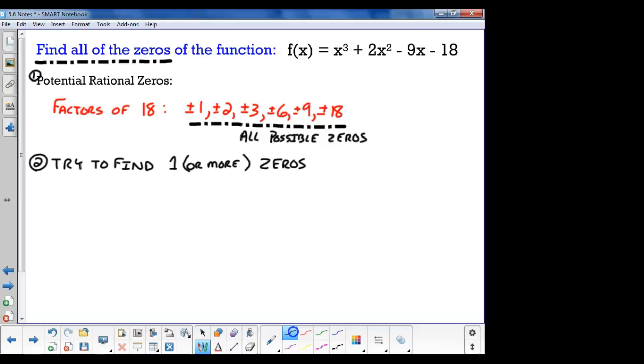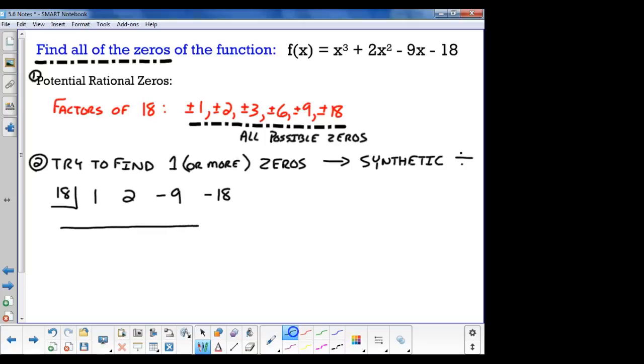And to do that, we are going to use our new friend, synthetic division. Okay? So we chose 18. So I'm going to synthetically divide 18 into x cubed plus 2x squared minus 9x minus 18.